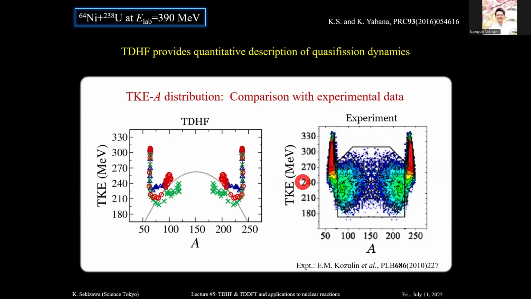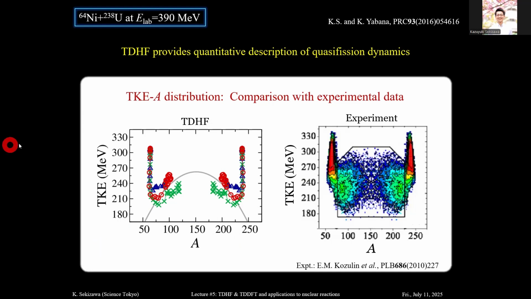And this is just a comparison with experimental data. The left figure shows the result of TDHF calculation, and the right figure shows the experimental data. The experimental data shows some distributions, but in TDHF, here I just show the average number of reaction outcomes. And TKE is the total kinetic energy of the outgoing fragment.